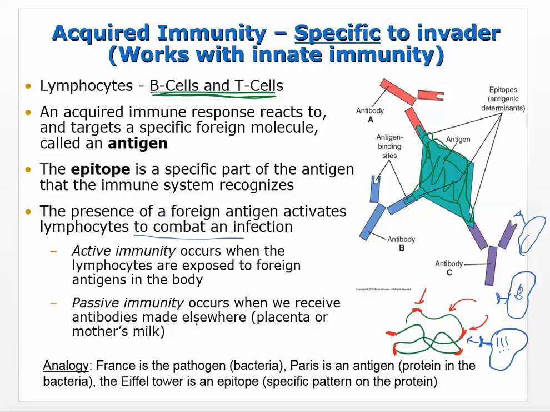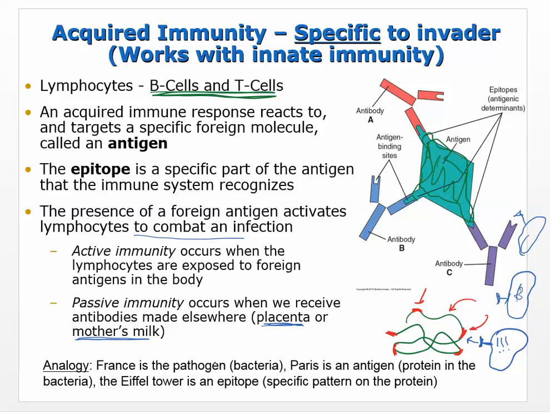Also, probably a better example, is antibodies crossing the placenta to protect the fetus and the baby after it is born, and mother's milk. Mother's milk provides antibodies. I always like to use this analogy for antigen versus epitope. If we were at war with France, I don't know why we would be, but it works for this analogy.